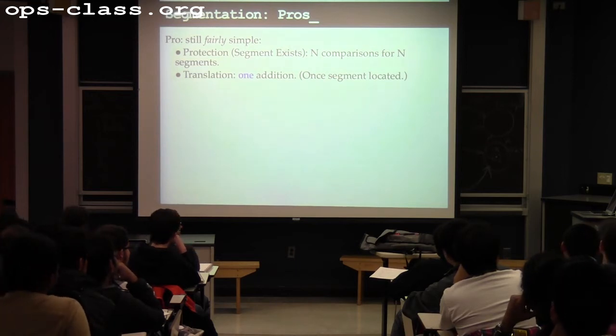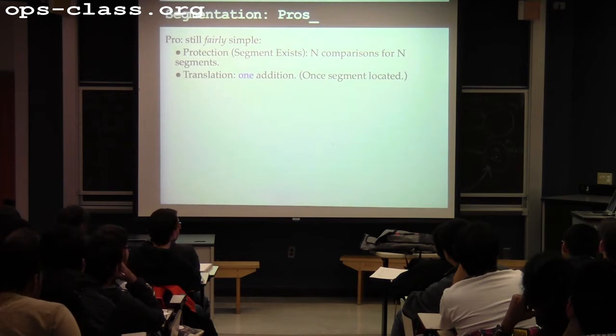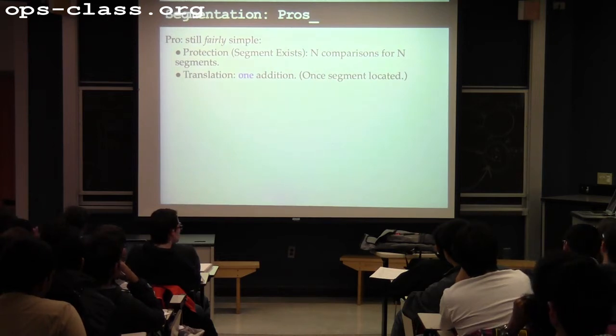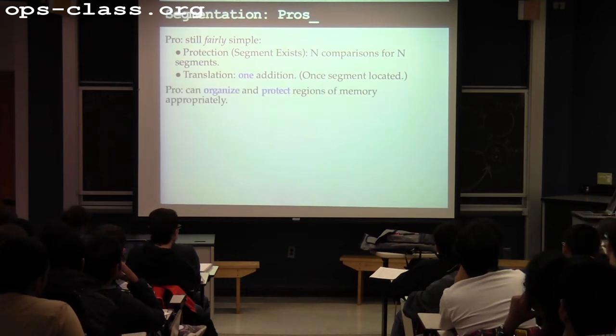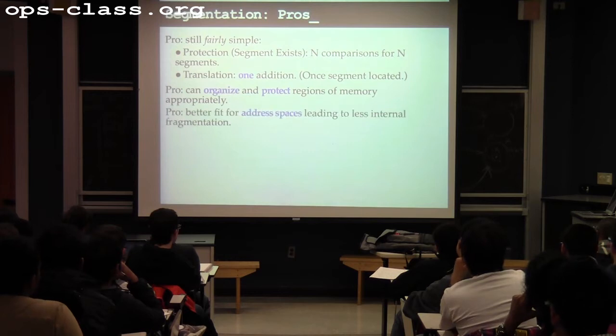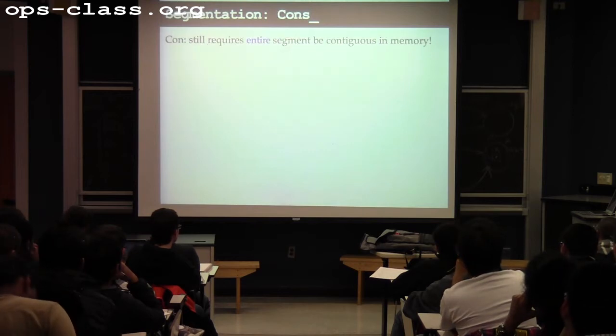So determining whether or not this virtual address is valid potentially requires a number of comparisons, depending on how large the process address space is and how many segments the process has defined. And like we said, we can organize things, and it's a nice fit for address spaces.